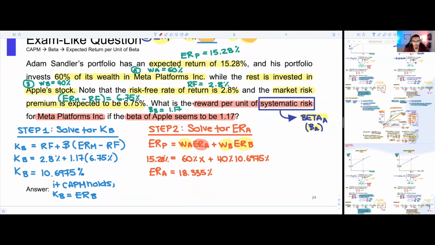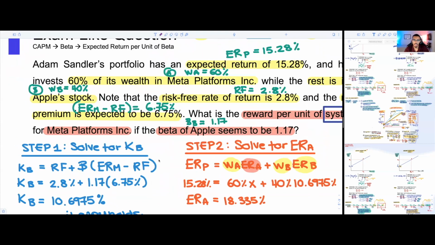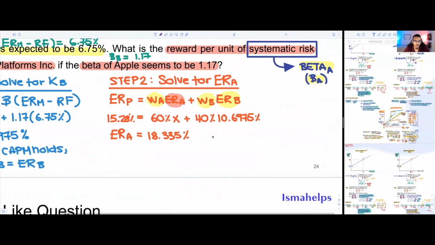So step 2 and step 3 are kind of interchangeable, but I just started with step 2 instead, but it's totally fine to do it in a different setup. So we'll write it on the side here.